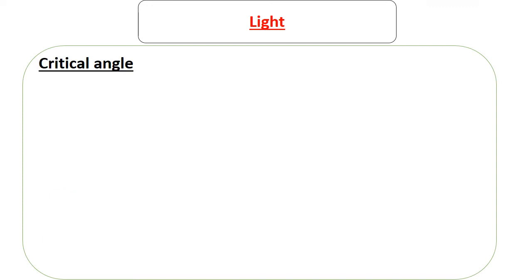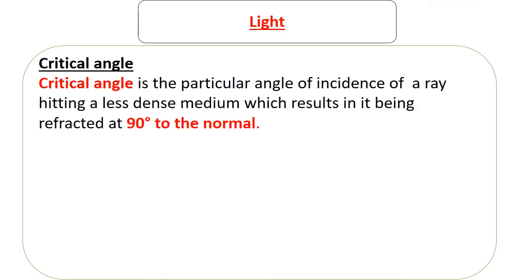Next, we're going to take a look at what is called a critical angle. So this is the last part of this video. So what is a critical angle? A critical angle is the particular angle of incidence of a ray hitting a less dense medium, which results in it being refracted at 90 degrees to the normal.